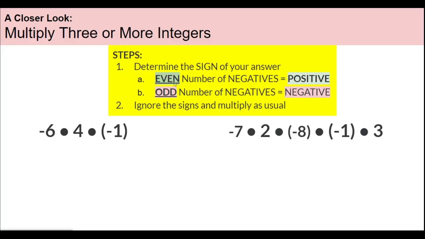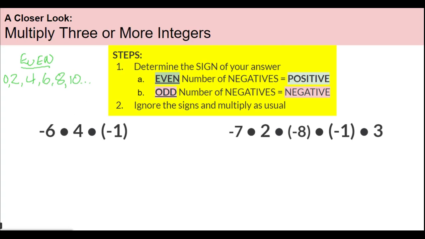If there are an even number of negatives, when I think even, I'm going to write this up here, even would be 2, 4, 6, 8, 10, and we can keep going, and even 0 as well, actually. So if there are no negatives, it's going to be even. If there are two negative numbers, it will be even. If it's four negatives, or 6, or 8, or 100, or 500, it would be even.